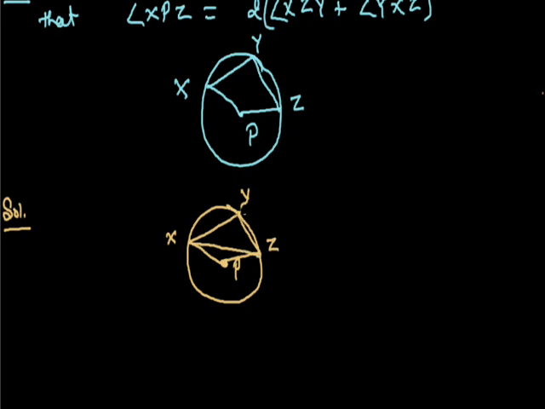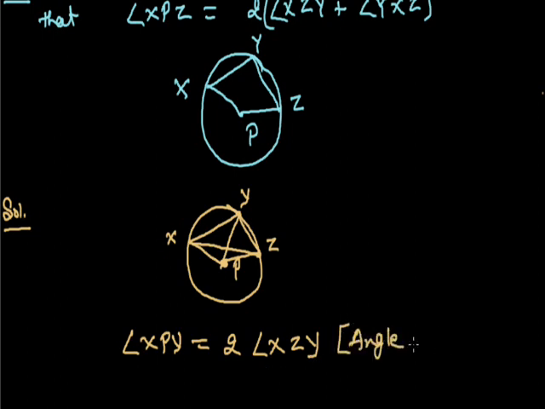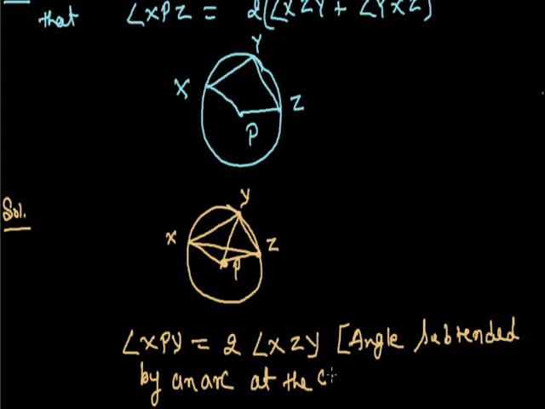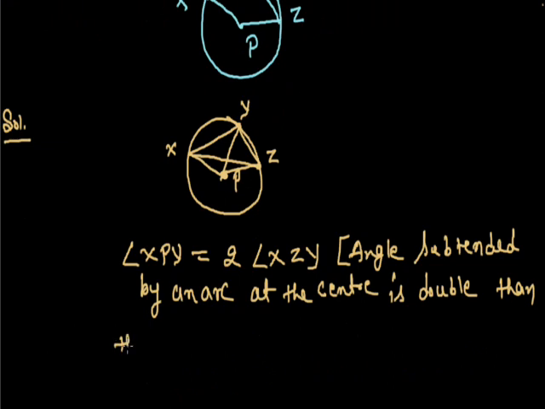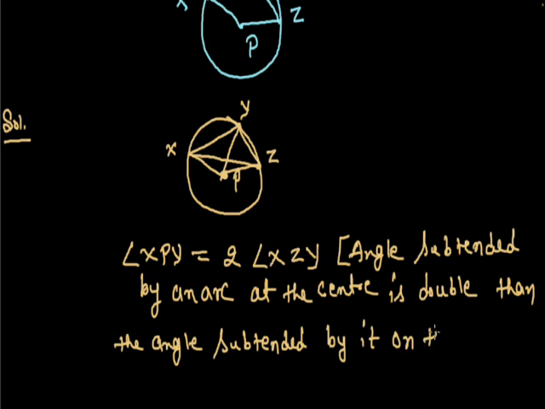Join XZ and YP. Now angle XPY is equal to twice angle XZY, because the angle subtended by an arc at the center is double the angle subtended by it on the remaining part of the circle.